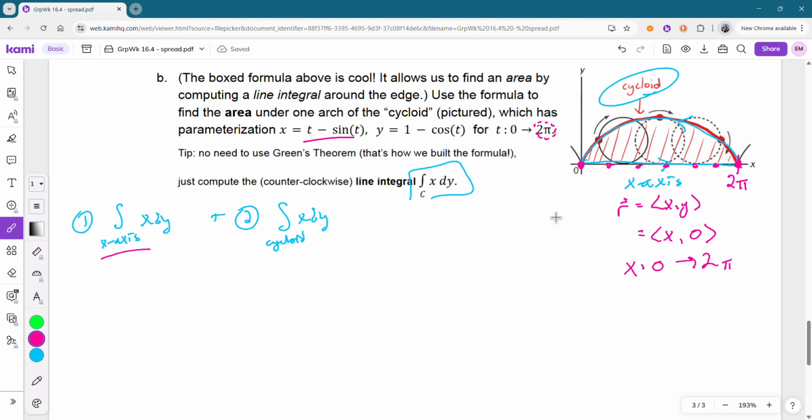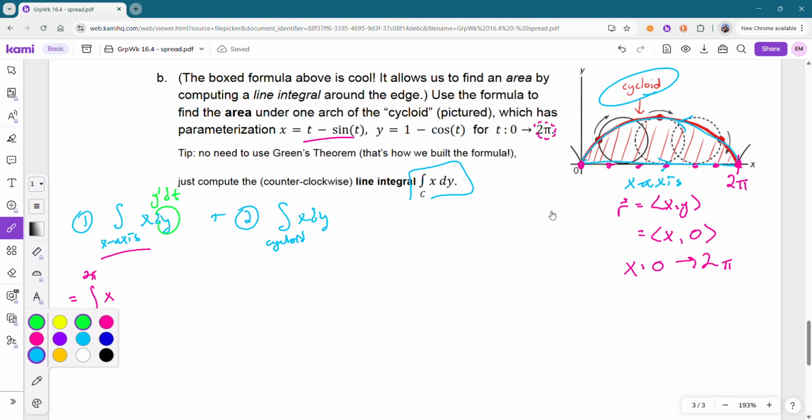And so using that parameterization, we can translate our x-axis integral going from 0 to 2 pi. x is just x. dy, that differential, becomes y prime dt in general.